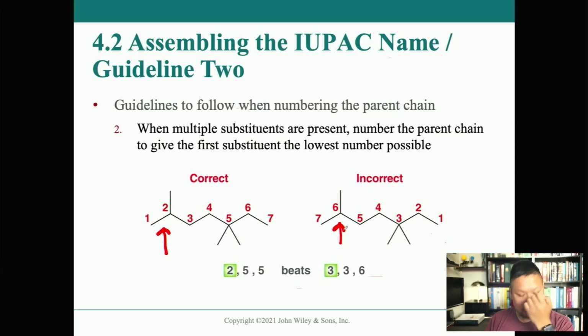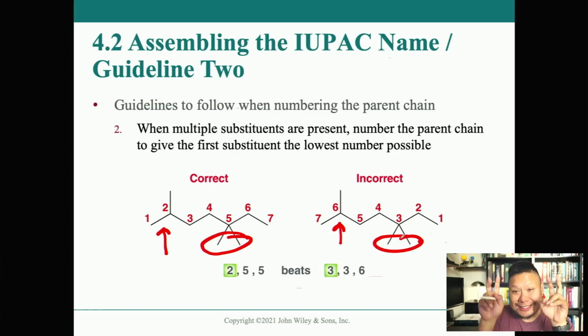The lowest number carbon. So the 2-methyl is good, right? And then the next thing you need to do is figure out the second substituents, which is these guys right here, right? These guys are the second substituents, right?